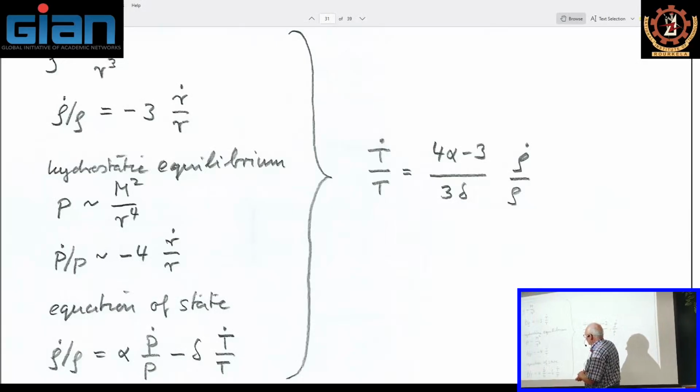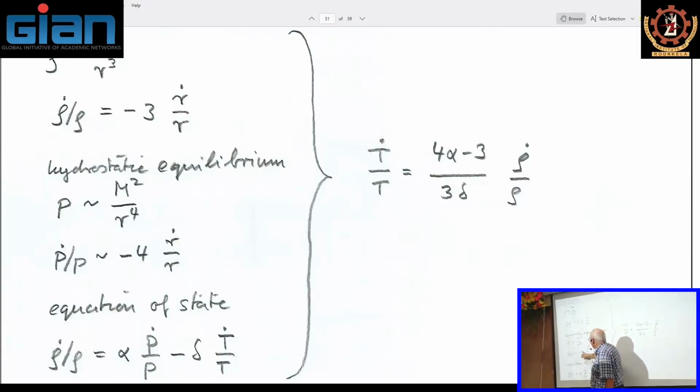Okay, what do we do now? What we want to do is calculate T dot over T in terms of rho dot over rho. So what we are doing is we replace r dot over r by rho dot over rho and insert P dot over P, which is then 4 over 3 times rho dot over rho, here for P dot over P. So it's a simple relation.